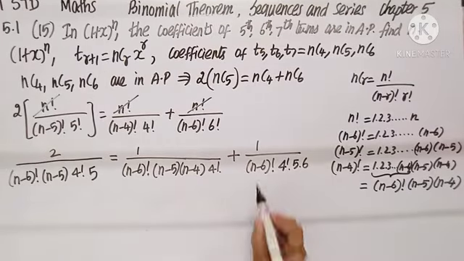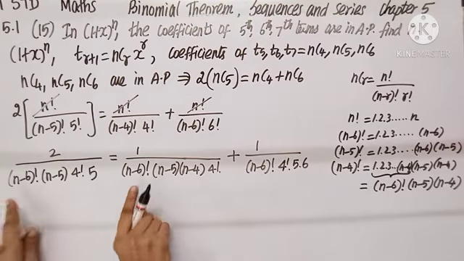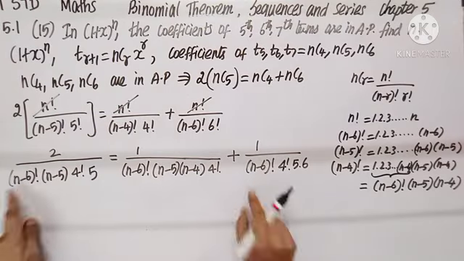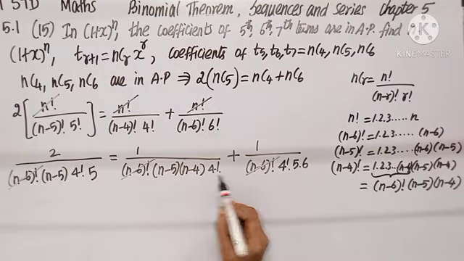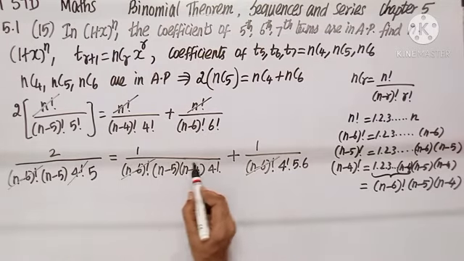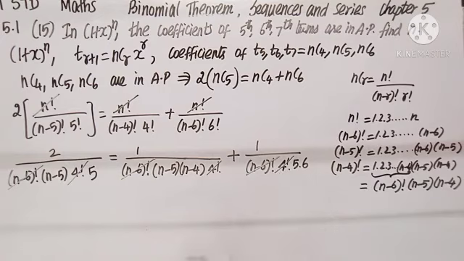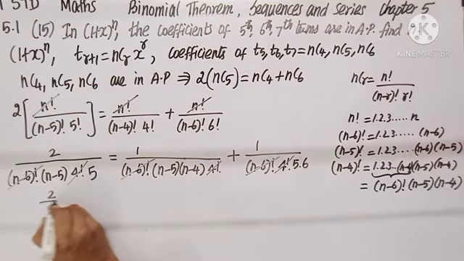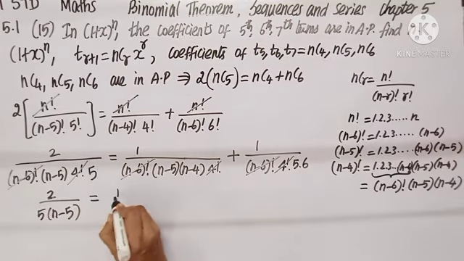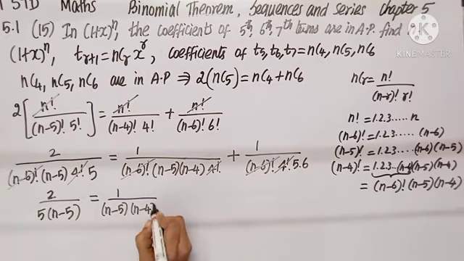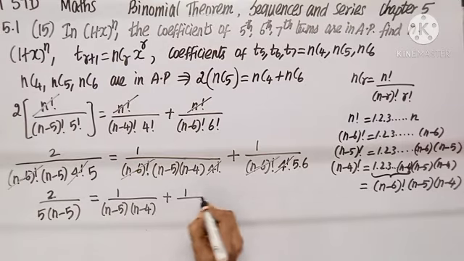Now check which is common in all the three. n minus 6 factorial, cancel. 4 factorial, cancel. We are left with 2 by 5 into (n minus 5) equals 1 by (n minus 5) into (n minus 4) plus 1 by 5 into 6.